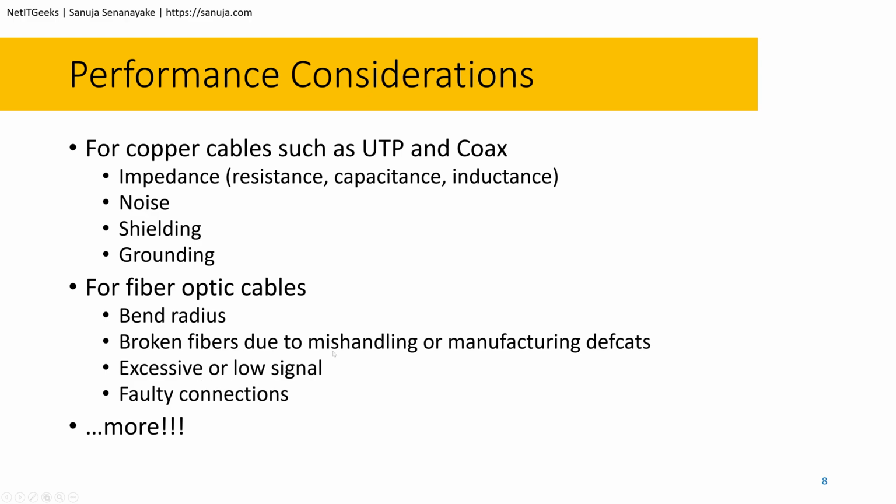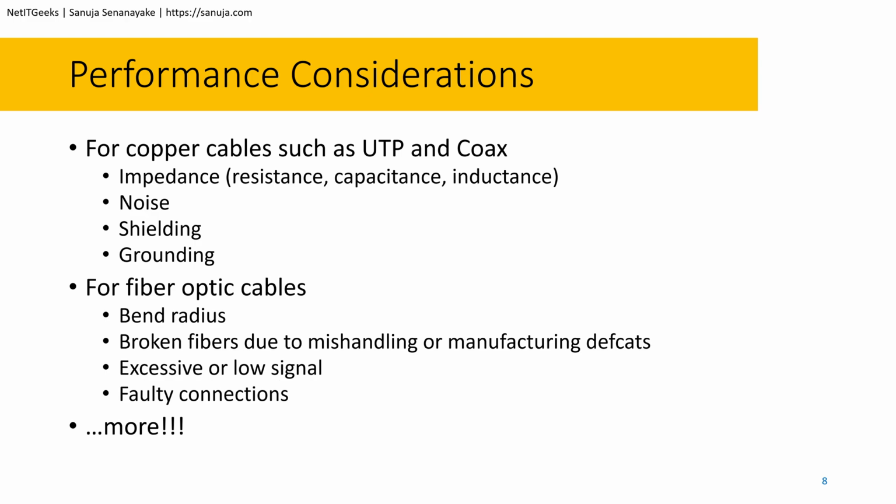Excessive or low signal. So that's another thing. If you install a fiber optic cable and everything is installed properly, but for some reason the cable is not giving the performance that you're looking for, maybe you are using too much LED or laser power, or too little of a laser or LED for that particular rated fiber cable.